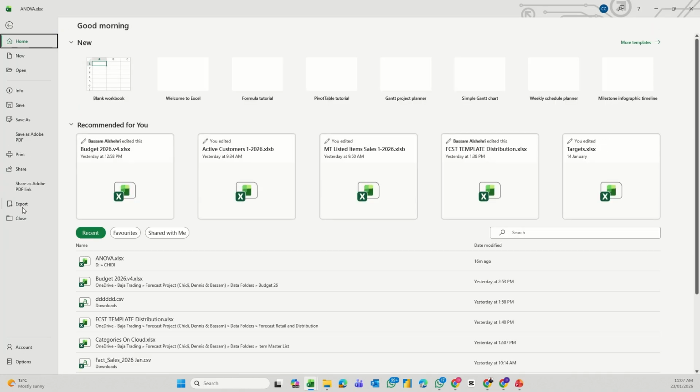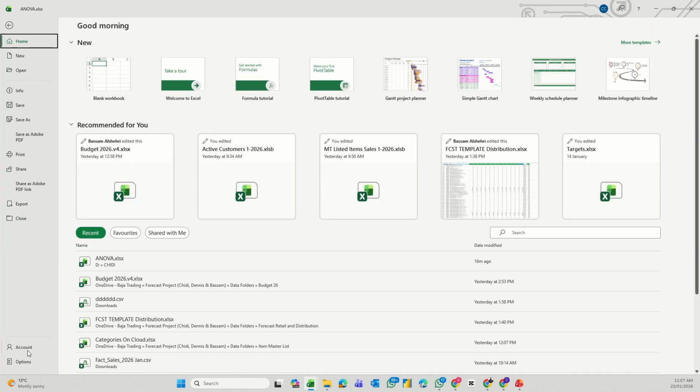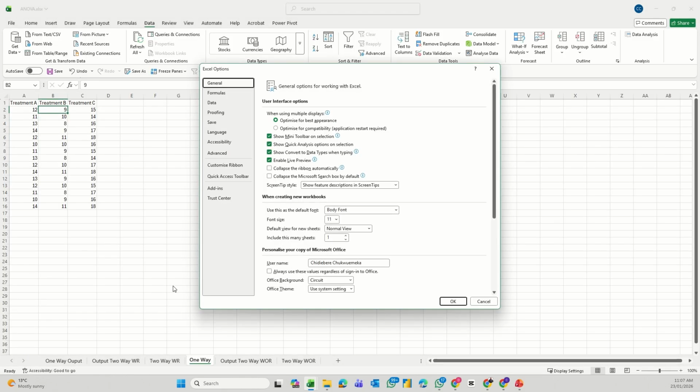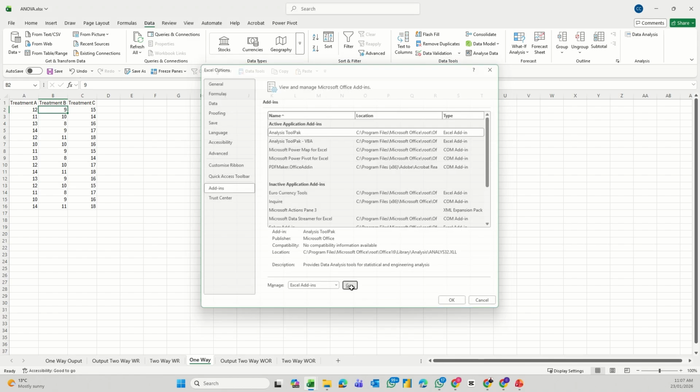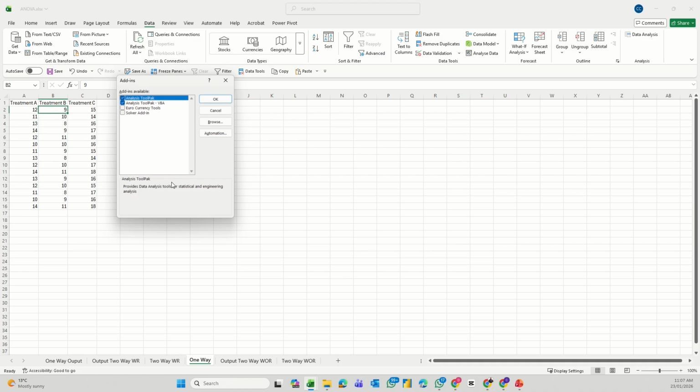Let me show you where you go and get it. Go to File, go to Options, go to Add-ins. Inside this Excel add-ins, you click on Go. Pick if you have VBA to pick.